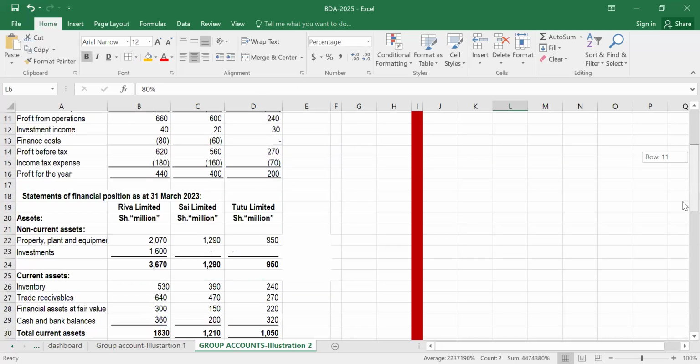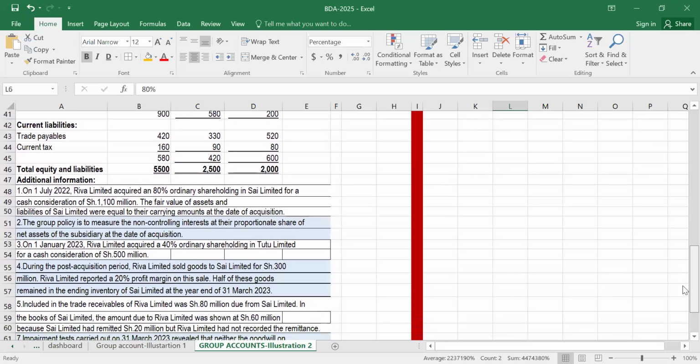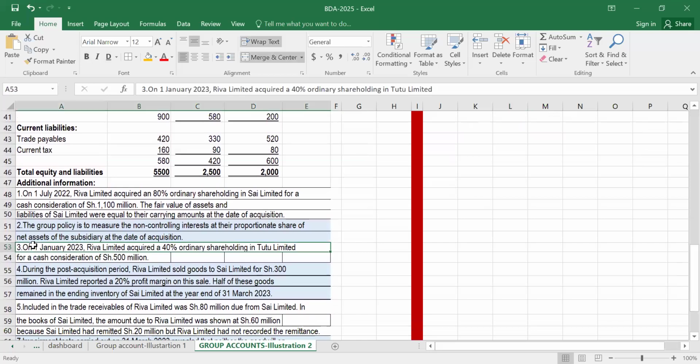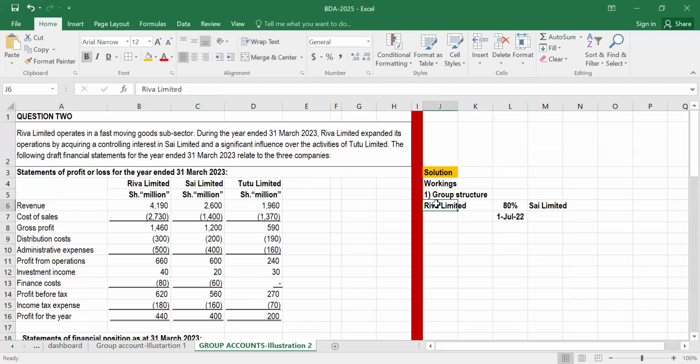Then there is also other information we are given. First of all, we are going to skip and move to note number 3, and we will come back to note number 1. In note number 3, we are told on 1st January 2023, BV Limited acquired 40% shareholding in the company called WW. So we can have WW here.